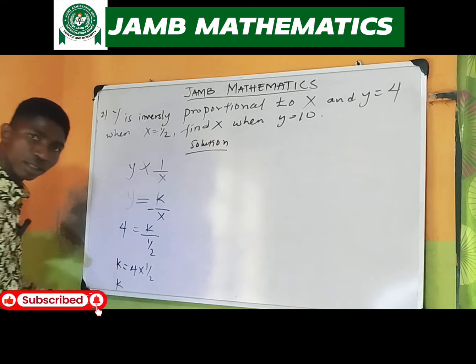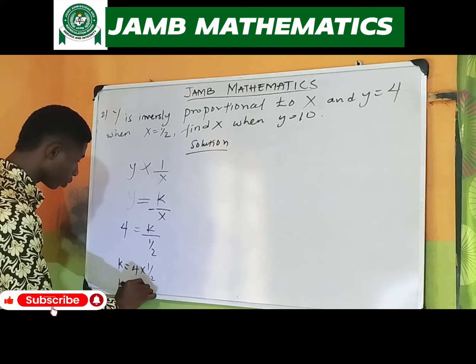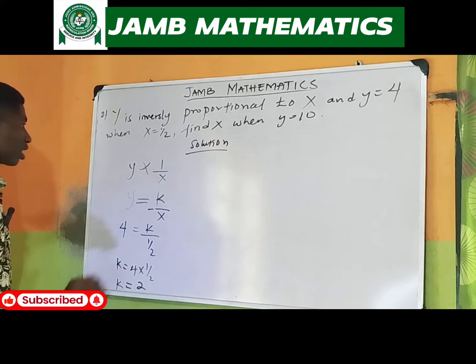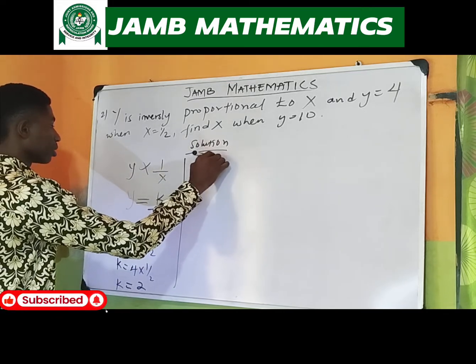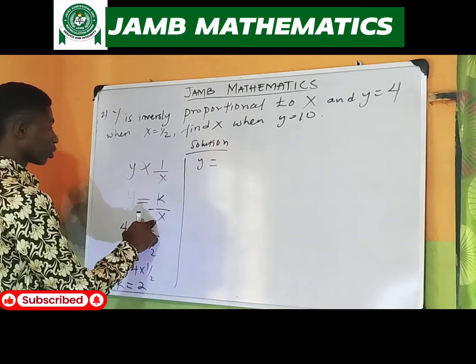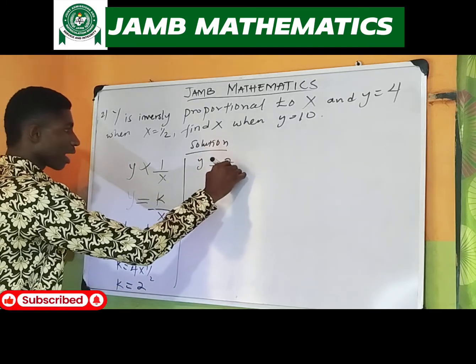Hence, k is equal to 2. Hence, we have that y is equal to, from this equation, let me call it equation 1, 2 over x.